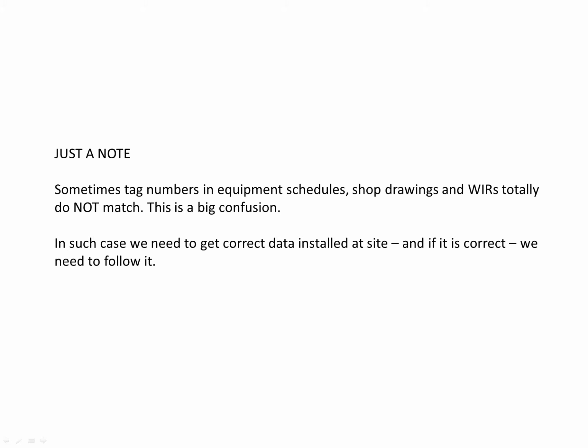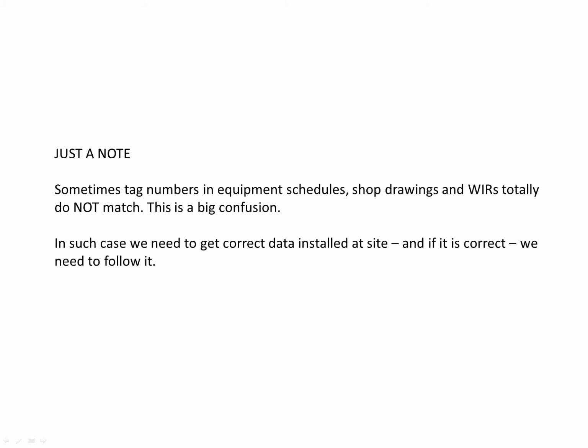So which one is correct? Nobody knows. In such a case, we need to check with site what the tag number is, and then confirm it with engineering. If engineering confirms that this equipment is okay for that area, we have to follow whatever is installed at site.